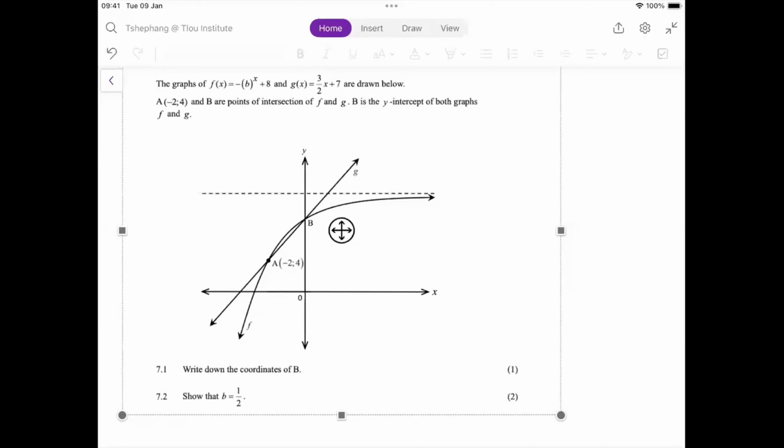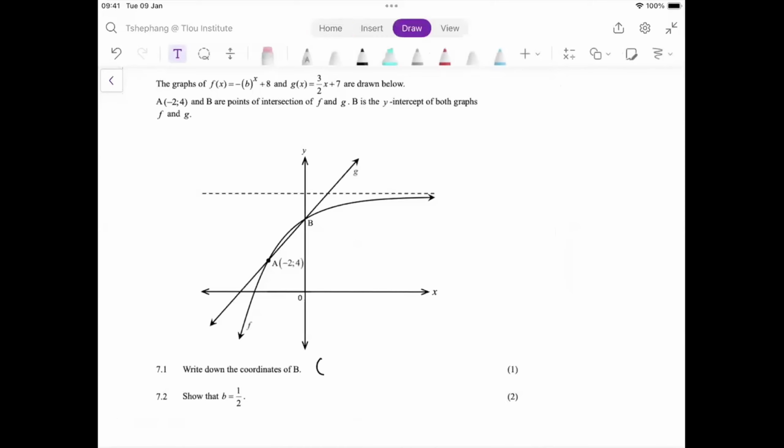Thank you, Katlego. The coordinates of B are simply going to be 0 and 7. Why 0 and 7? We got them from the equation of the straight line. We know it's the y-intercept, so we made x 0 and we got our y to be 7. As easy as that. We get our 1 mark for that.